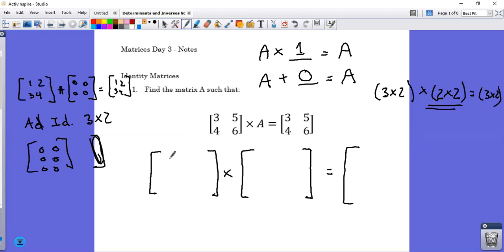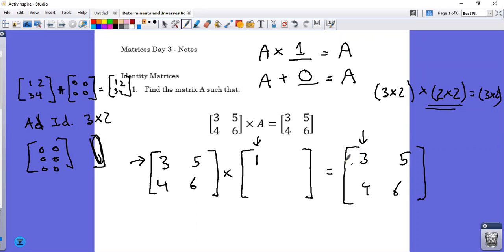So if you have 3, 5, 4, 6, and you want to get 3, 5, 4, 6, I can't just do all ones in here. Because remember, you're doing the row times the column, first row times first column, and you want that to equal 3. So if I put both ones right here, then I would end up doing 3 plus 5 and get 8.